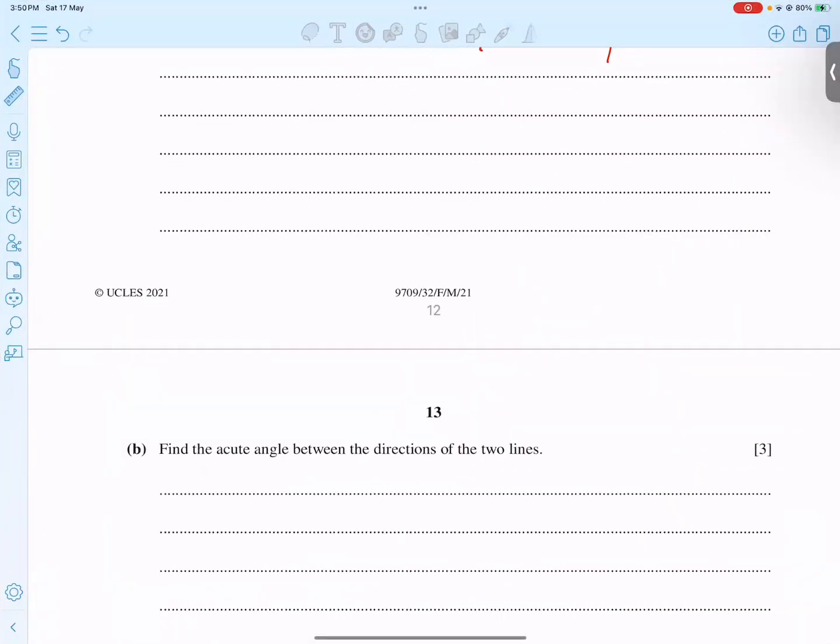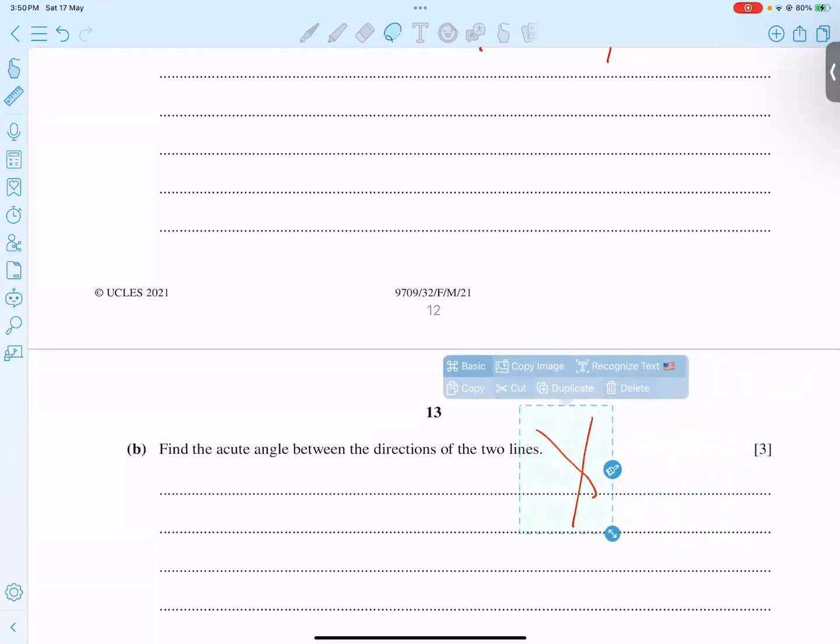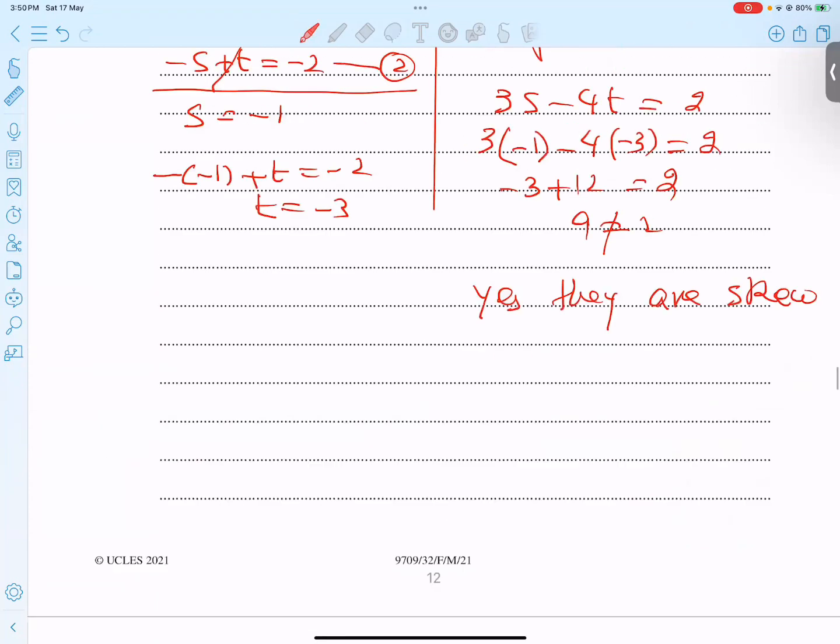Actually, they ask for directions. The very interesting part is he is asking for the angle between directions. So directions means one line is here and one line is the other way. When I drag this line, they look like they intersect. I hope you got my point. So I will take both directions.